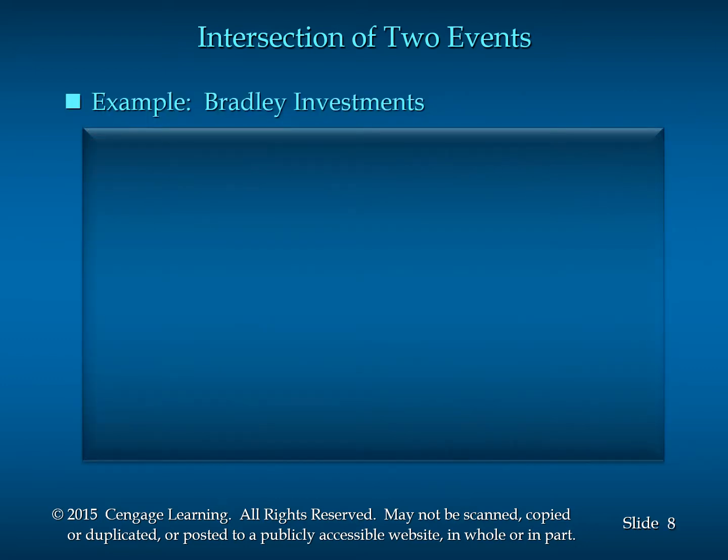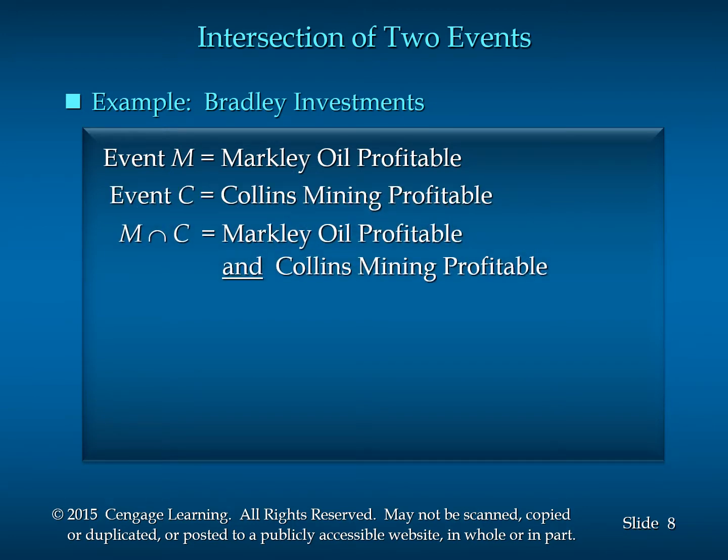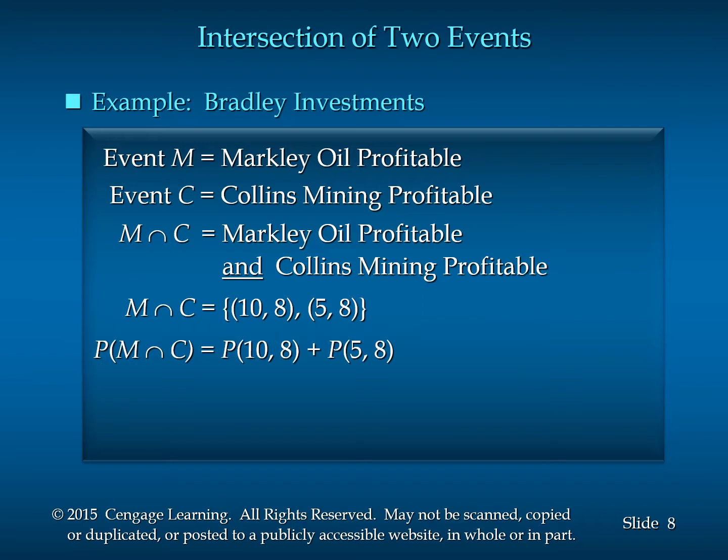Again, using the investment example, here we can see the probability of oil and mining stocks both being profitable. There are only two events, but that's the case, so we will sum up the probabilities of those two events and end up with a probability of 0.36.